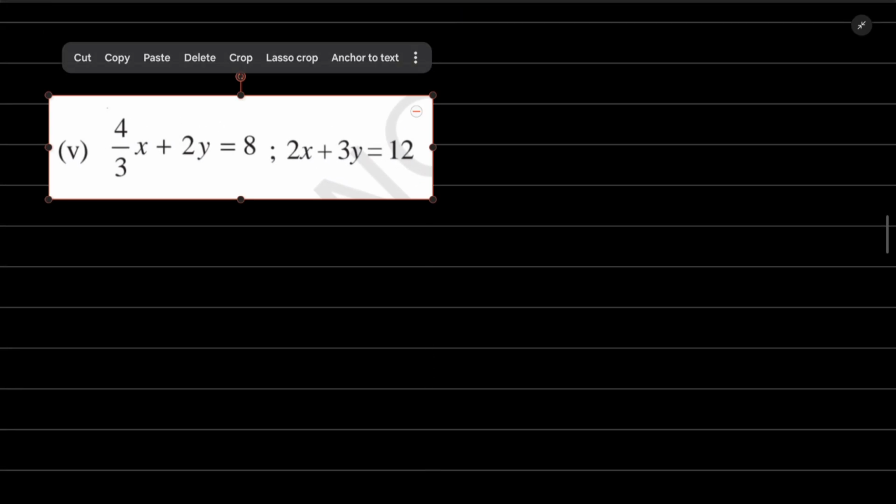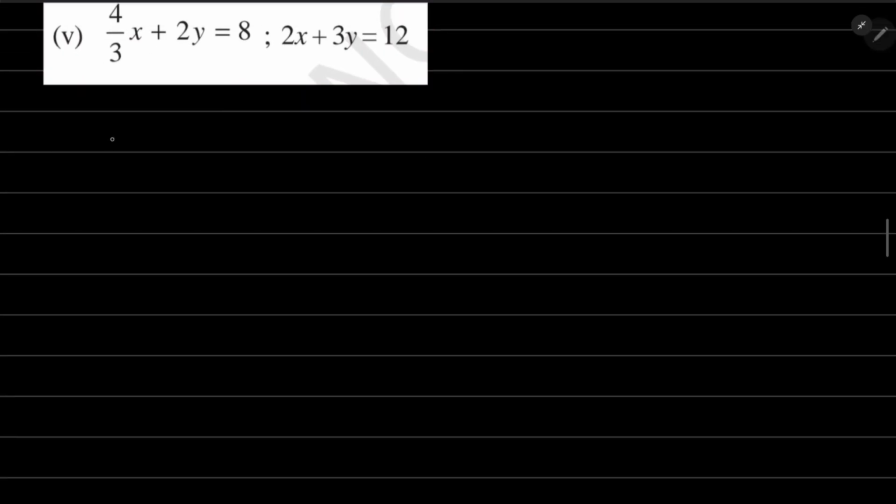So the 5th question is nothing but again the same way. 4 by 3 x plus 2y equal to 8. And the second one is 2x plus 3y equal to 12.